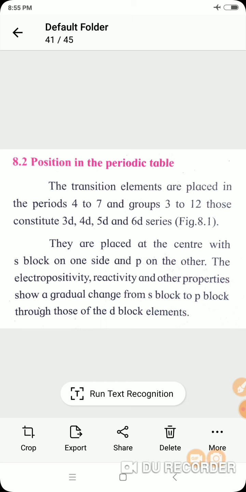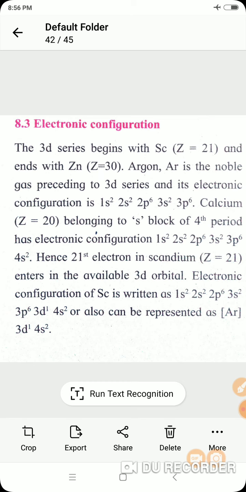The electropositivity, reactivity and other properties show gradual changes from S block to P block through those of the D block elements. D block is intermediate between the S and the P block. The elements show gradual changes when we go from top to bottom in groups, and left to right in periods.